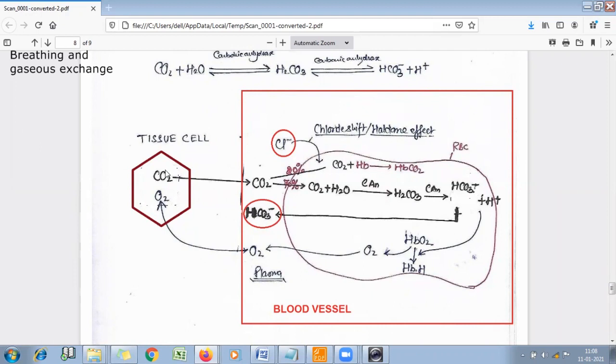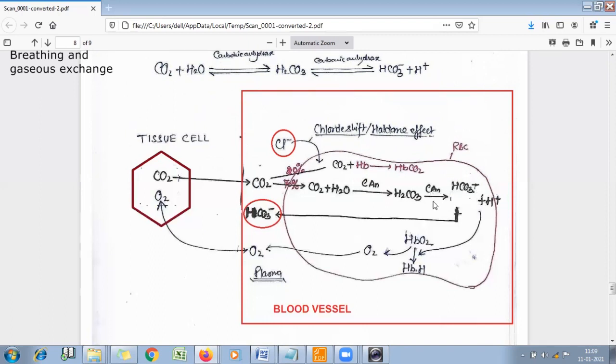I told you that the partial pressure of carbon dioxide is more, so it will be transported into the blood vessel. As I told previously, 20% will be transported by binding of hemoglobin, which we have seen in our previous heading, but around 70% of the carbon dioxide binds with water in presence of this carbonic anhydrase enzyme, and it forms carbonic acid, and finally it dissociates into carbonic ion and hydrogen ion.